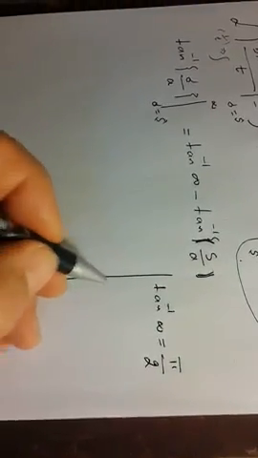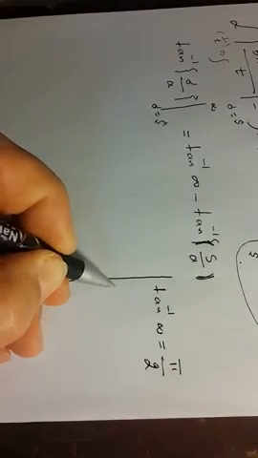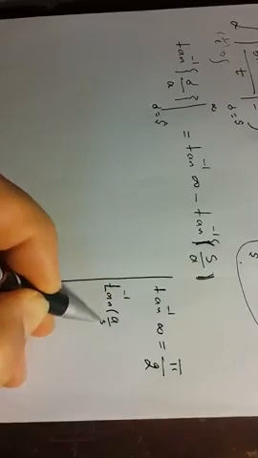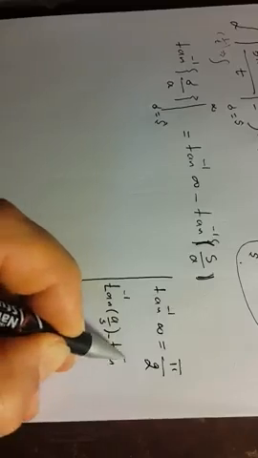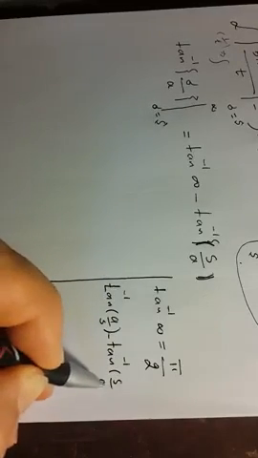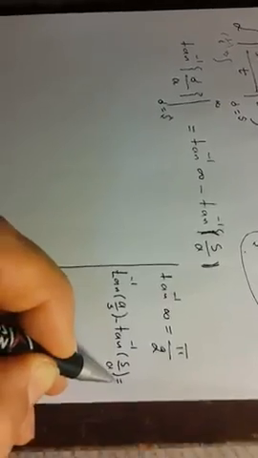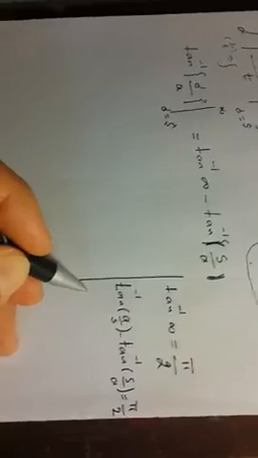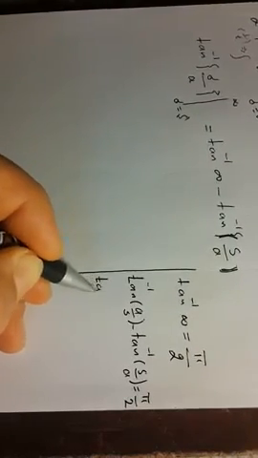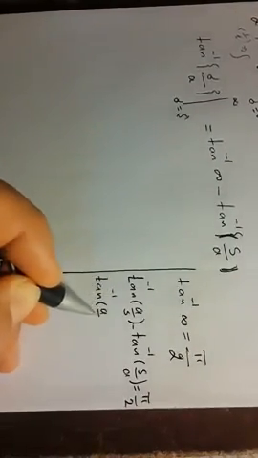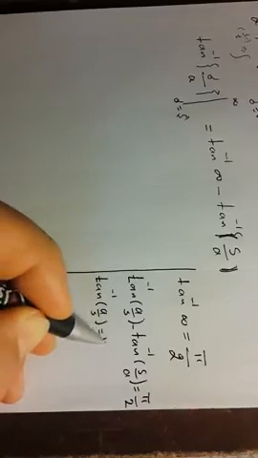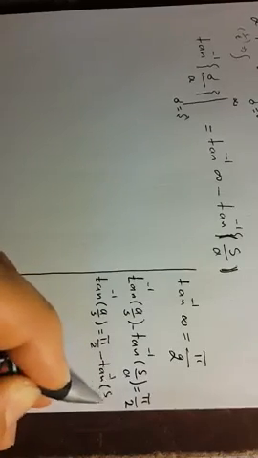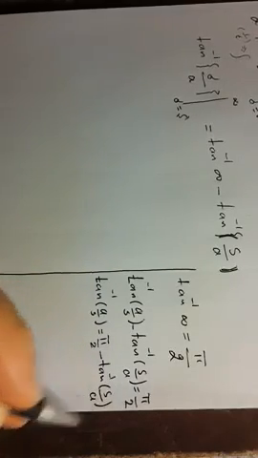Also remember that tan inverse a over s plus tan inverse s over a equals pi over 2, or we can rewrite it as tan inverse a over s equals pi over 2 minus tan inverse s over a.